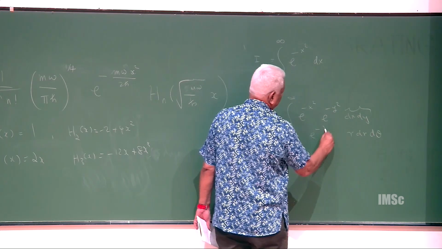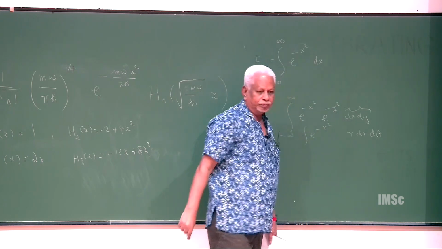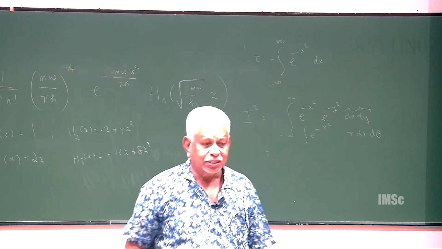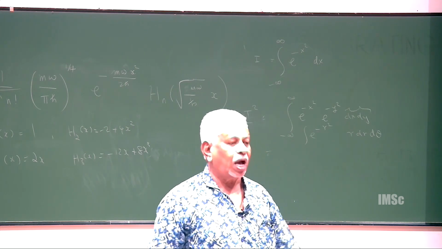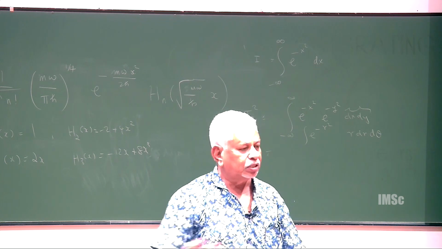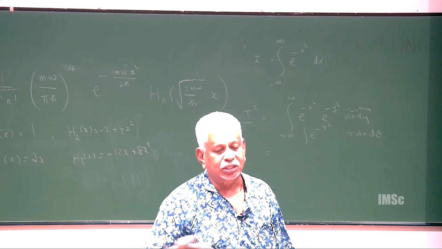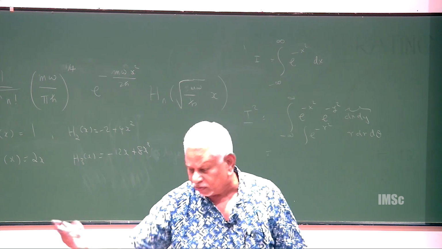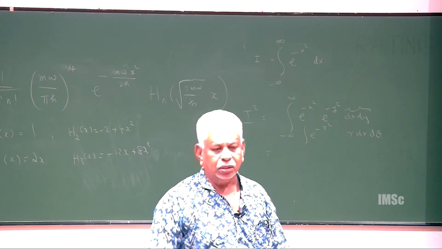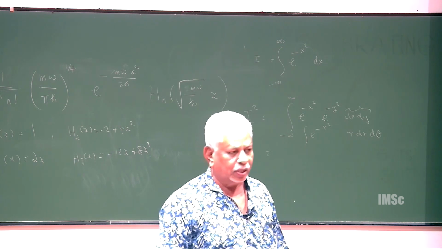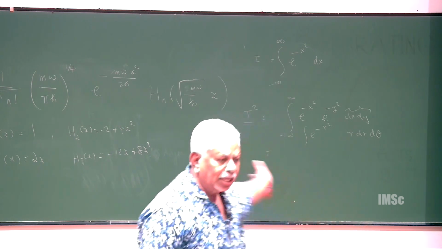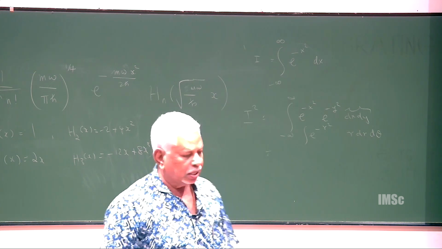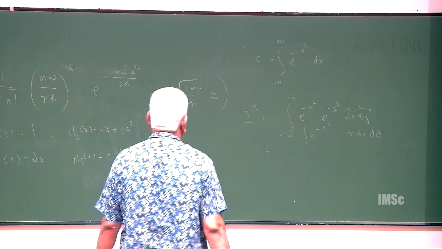This will turn out to be e^(-r²). So e^(-r²) r dr is easy to work out, because you can say r² is t, and then it is only integrating e^(-t) from 0 to infinity. And dθ will give you the 2π factor. Since it is I squared, it will turn out to be a square root answer. So this is the way in which all other things here with H_n are very easy to work out. Okay? Supposing I ask you to work out this quantity.